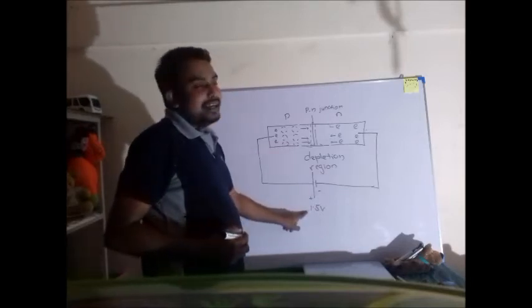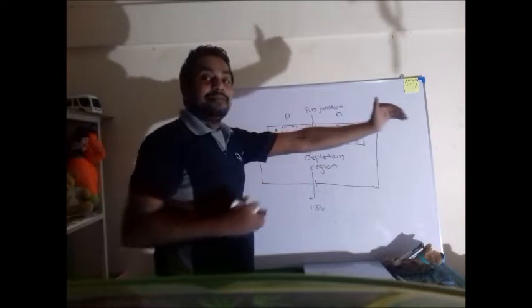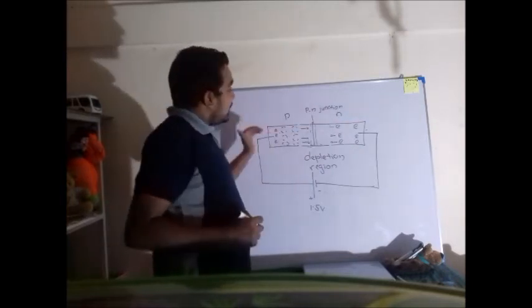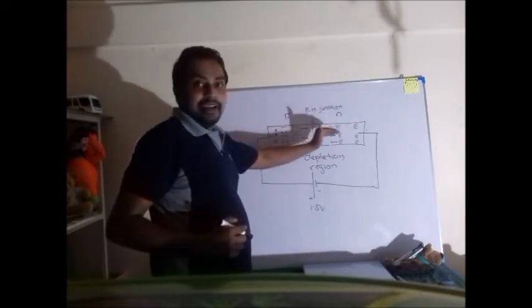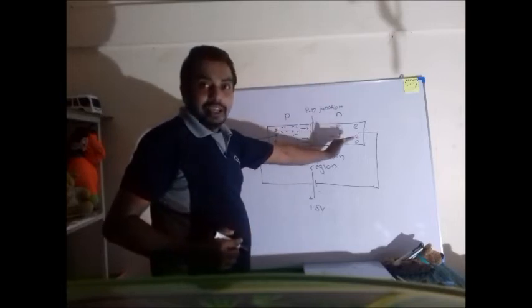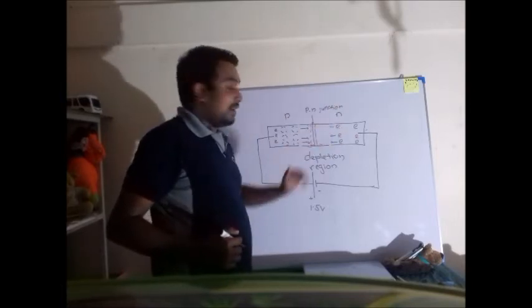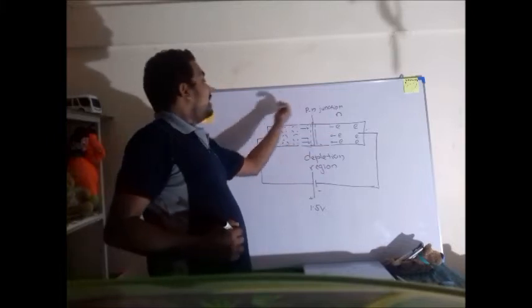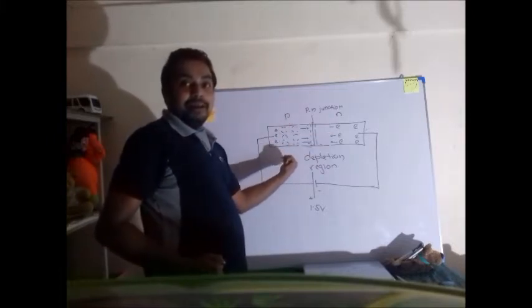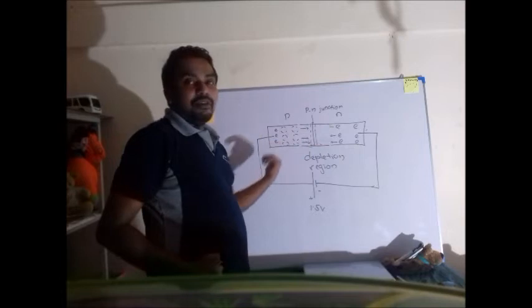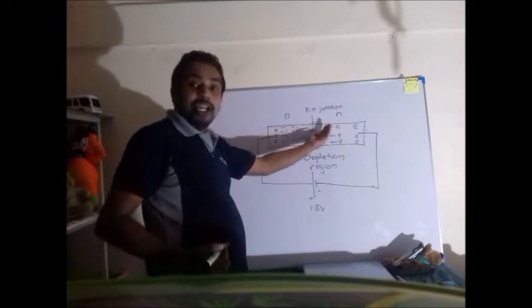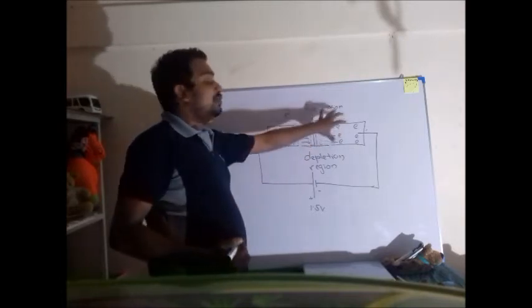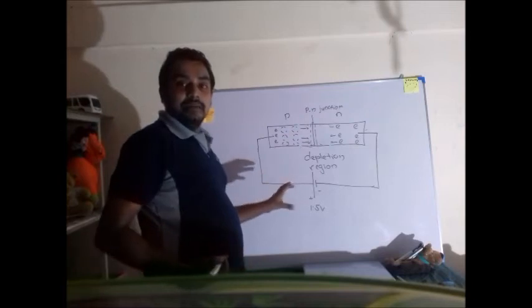1.5 volts. It is sufficient to break this depletion region. The holes can overcome this barrier and jump into the n-type semiconductor. Electrons can break this barrier and they can jump into the p-type semiconductor. What happens then? Electrons start to flow through this PN junction.